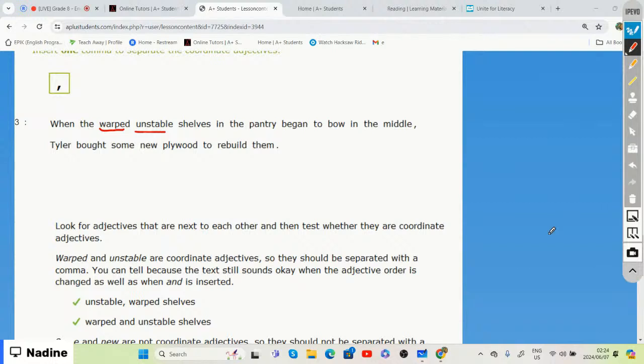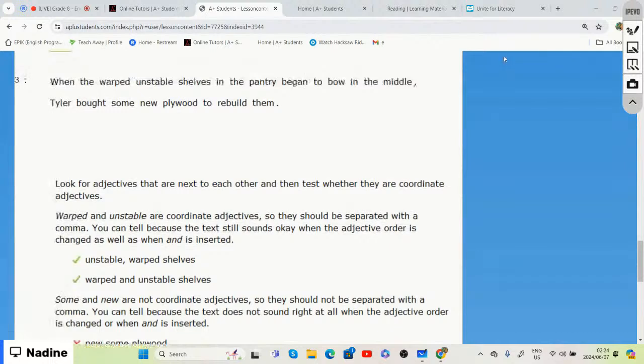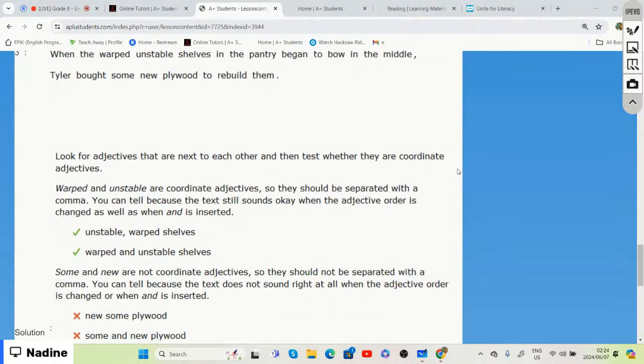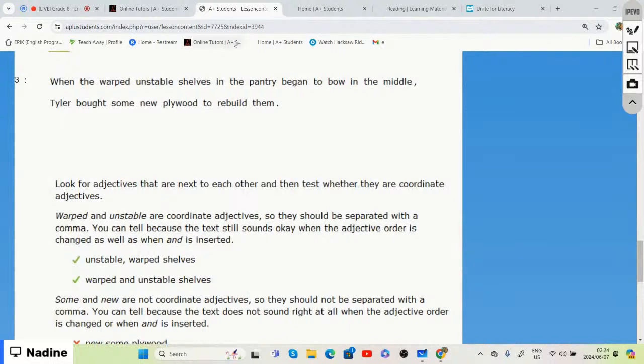So now when it comes to warped and unstable, those are two words that tell us about the shells. The shells are warped and the shells are unstable. That is basically how these shells are being described. But now let's test to see if warped and unstable are coordinate adjectives.